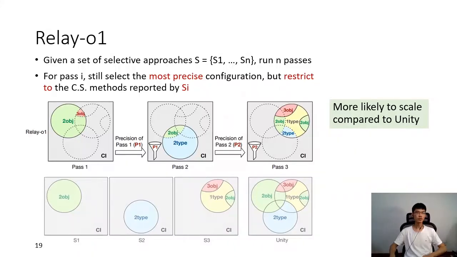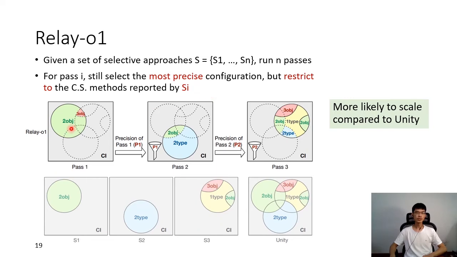Given a set of selective approaches, Relay O1 runs n passes. Each pass corresponds to a selective approach in S. The upper figure illustrates Relay O1, and let's explain it by comparing to Unity. Similar to Unity, Relay O1 combines different approaches to generate the most precise configuration for each method.